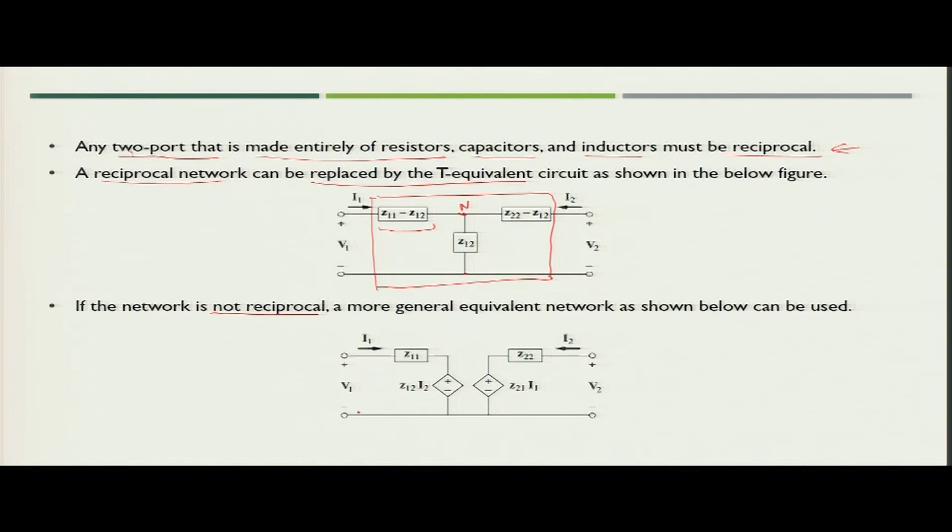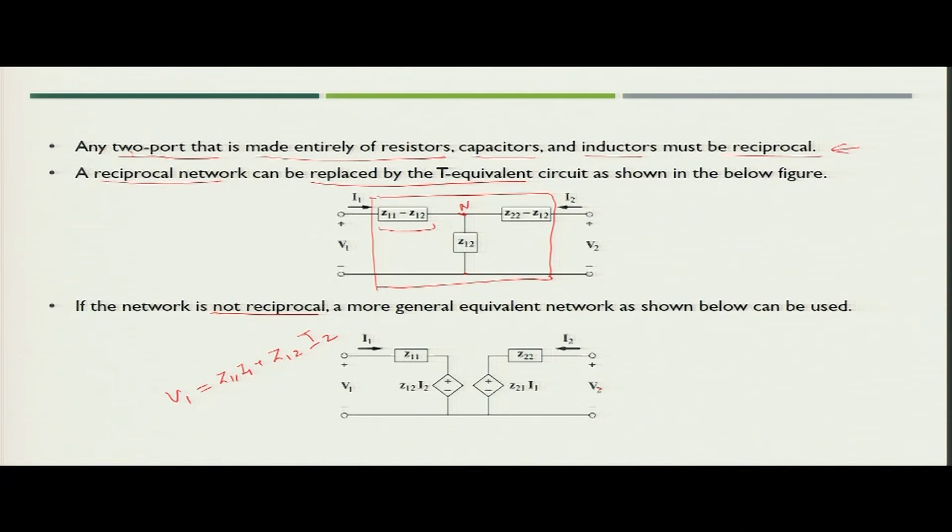Here you have one impedance Z11, and in series with it you have one dependent voltage source having the value Z12 I2. So, what would be the value of V1? V1 you can simply write as Z11 I1 plus Z12 I2.